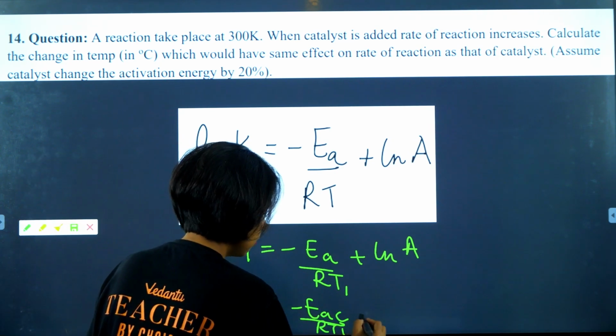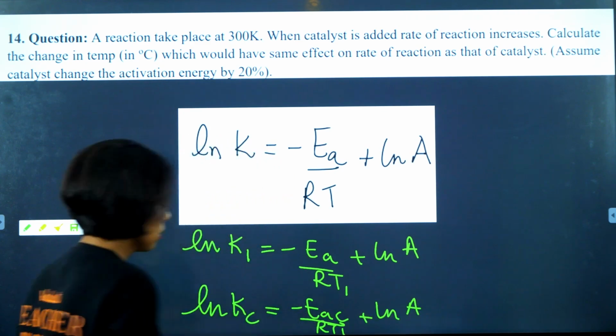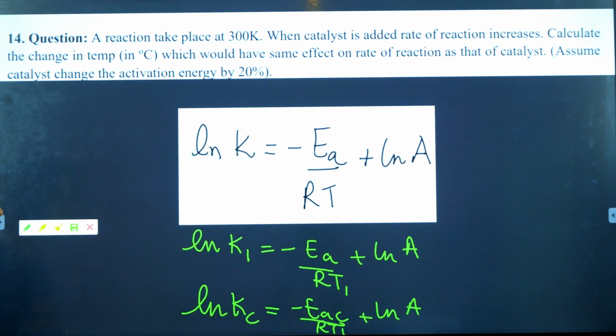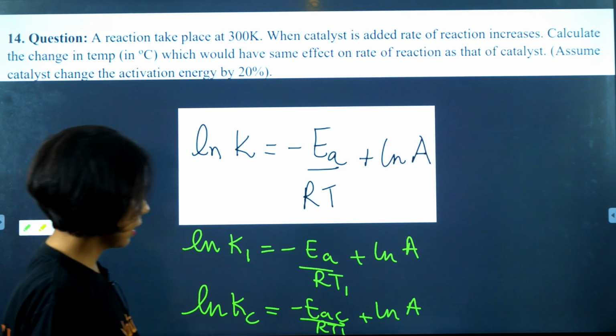Rest everything is the same for the reaction. So dividing equation 2 by 1, you will get ln of Kc/K1 is equal to (EA - EAC)/RT1. So I can get that value.